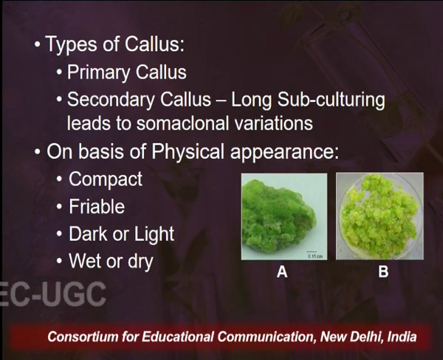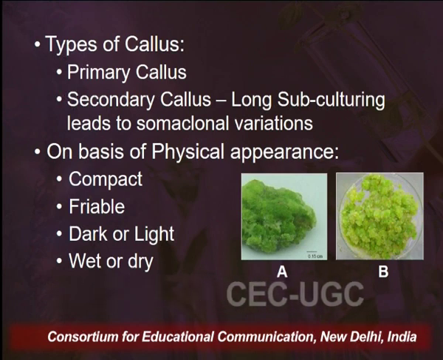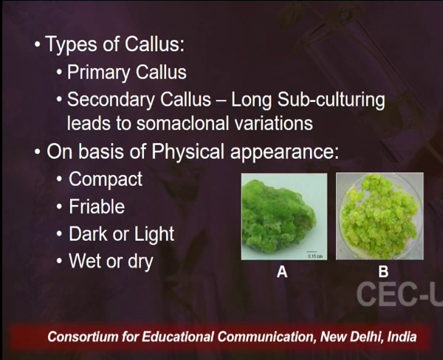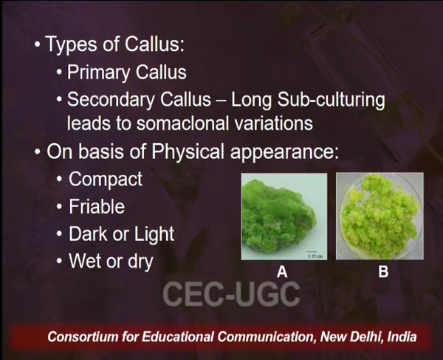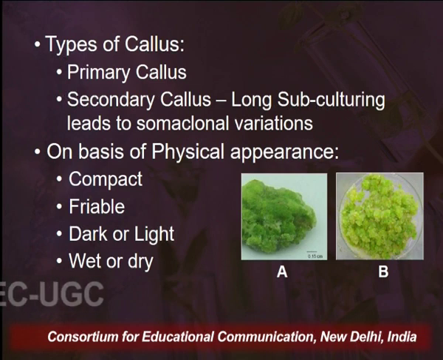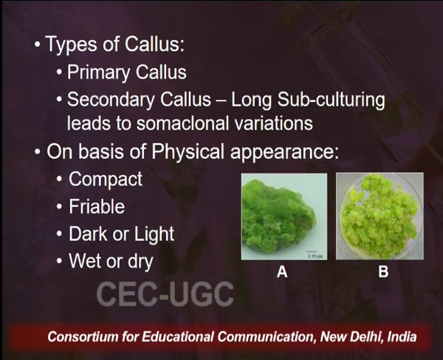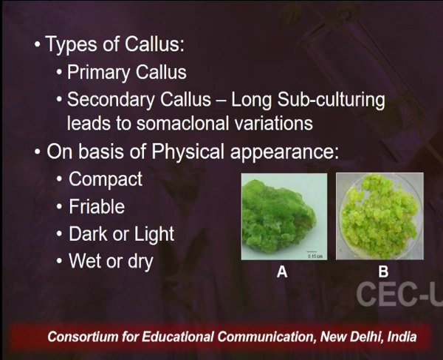We can always maintain callus cultures for longer durations, ranging up to years, but it has been observed that long subculturing of these primary calluses or secondary calluses, or calli, leads to certain genetic modifications in the daughter generations, and such genetic variations we call somaclonal variations.